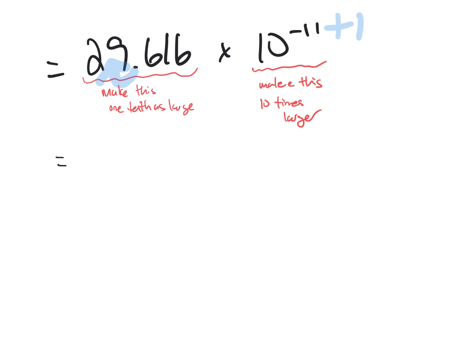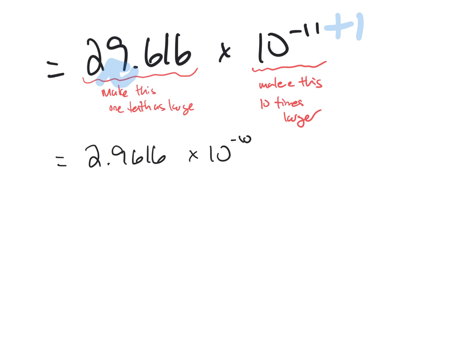So this is going to become 2.9616 times 10 to the what? Negative 10. And that's your answer in scientific notation. You're going to get questions like this in your homework.